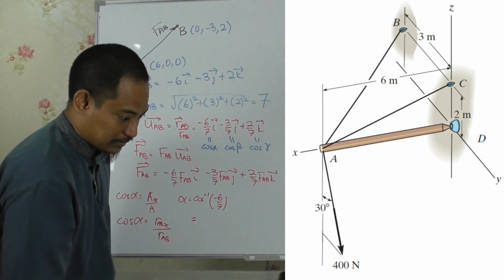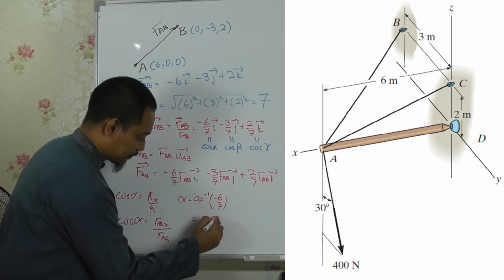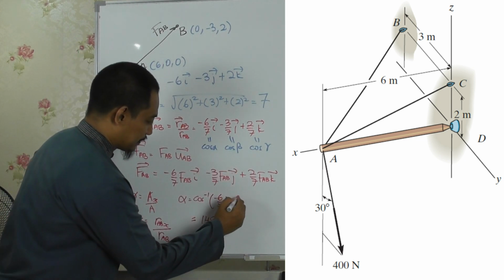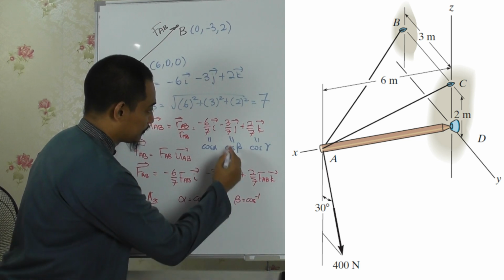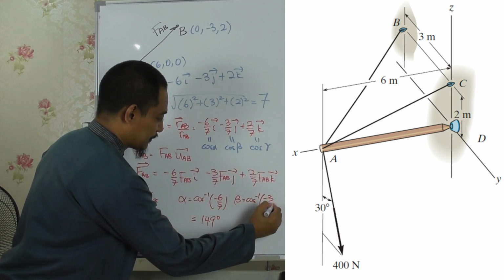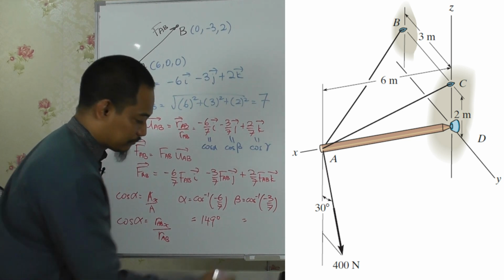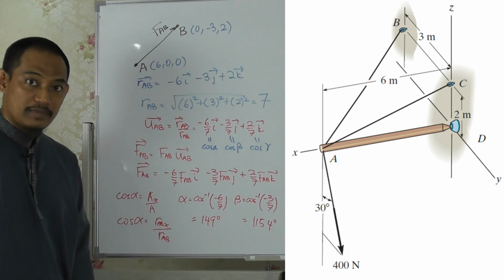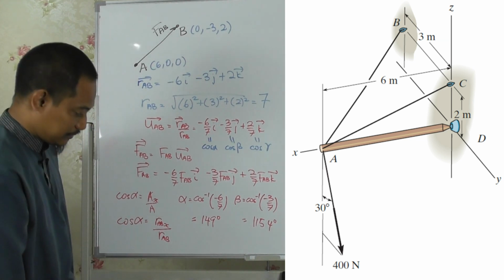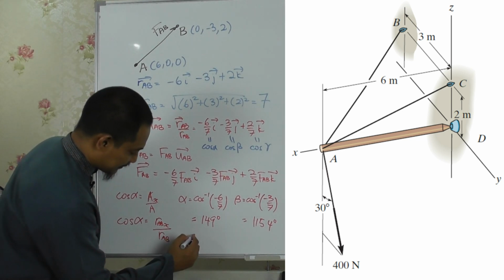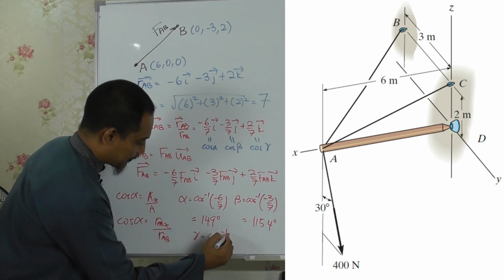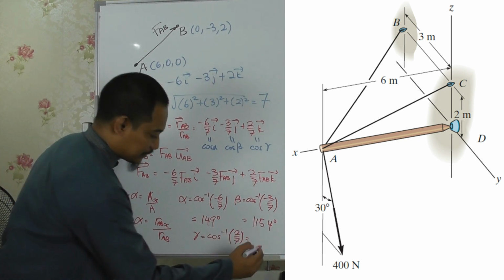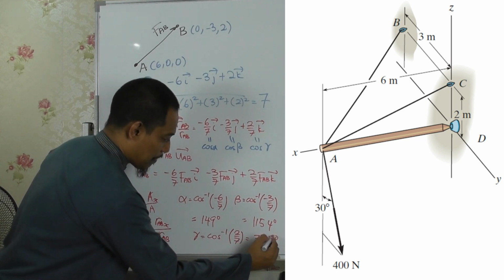So alpha will be 149 degrees, because it is negative, it is more than 90 degrees. Then beta is cos inverse of minus 3 over 7, which becomes 115.4 degrees, and gamma is cos inverse of 2 over 7, which is 73.4 degrees.